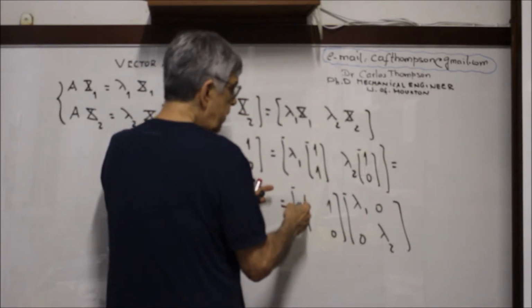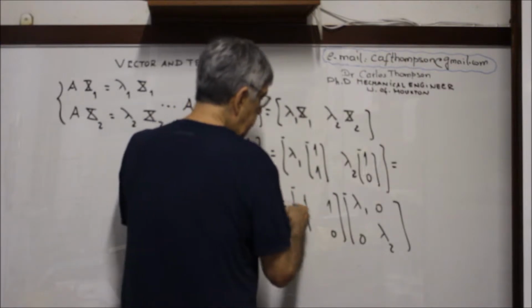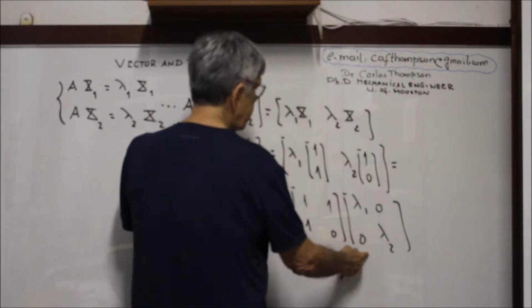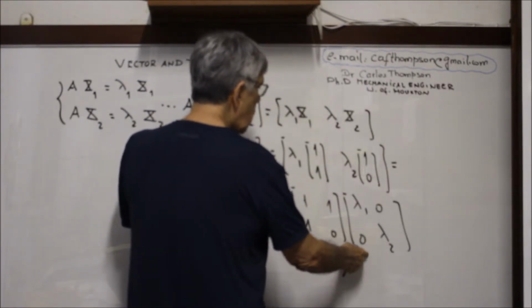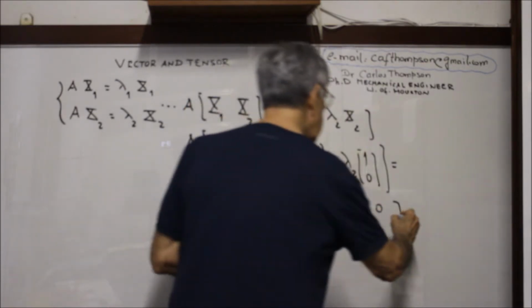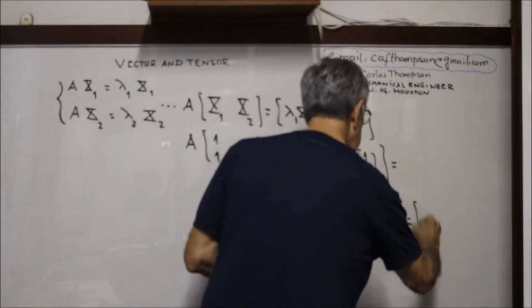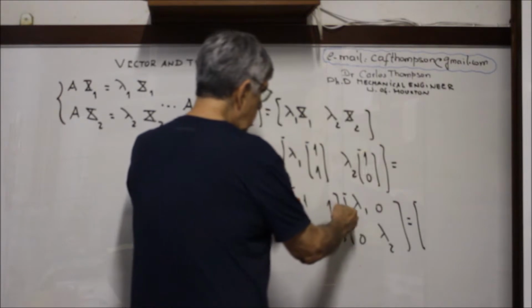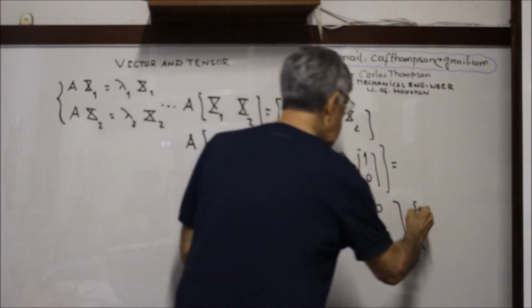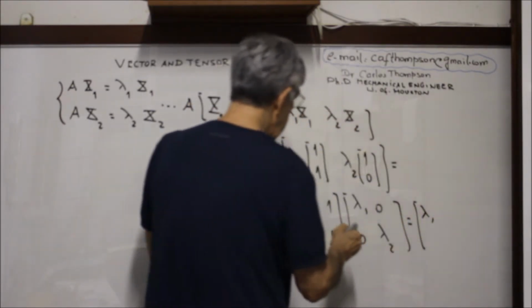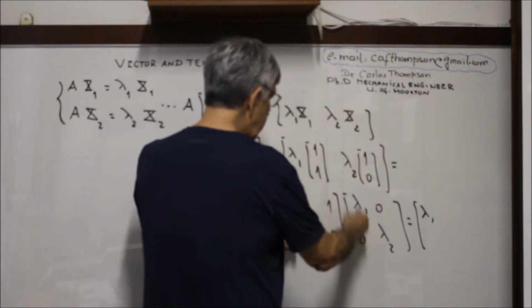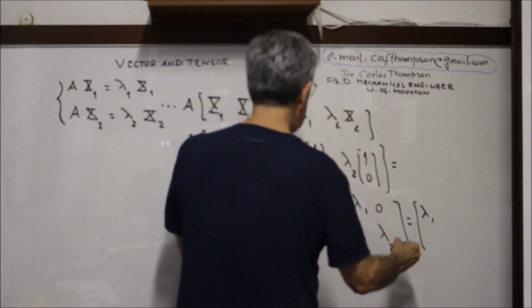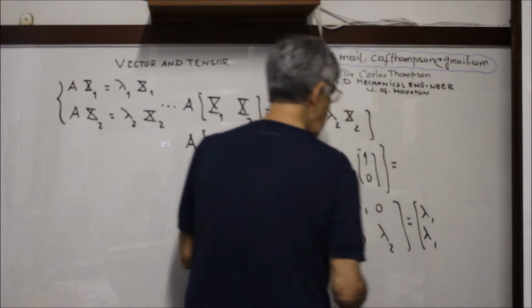We multiply the first row times the first column, so this will be lambda 1 over here. Now, second row, first column, so this will be lambda 1 over here.